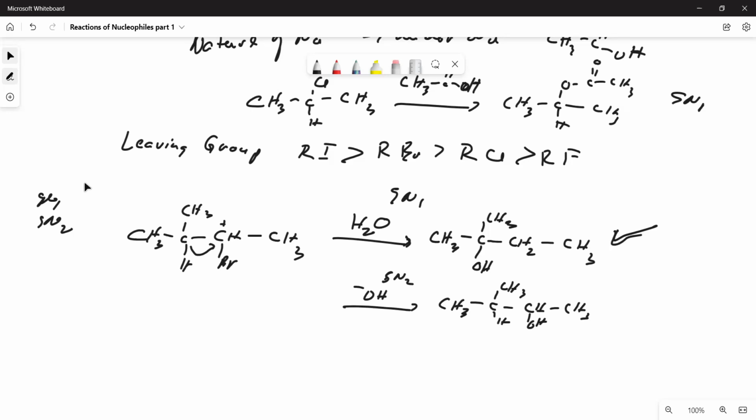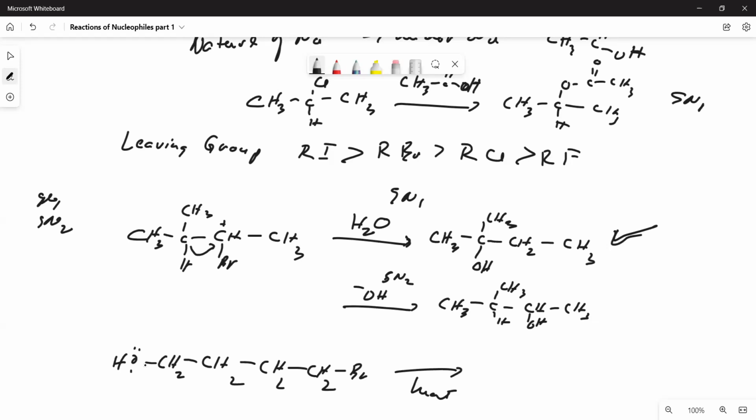Okay. Now, sometimes in SN2 reactions, there are cases in which the leaving group and the nucleophile are in the same structure, like this one here. Say you have a Br here and you have an OH here, and you heat this. Okay, what happens? This is the nucleophile. This is the leaving group. So you only have one reactant.